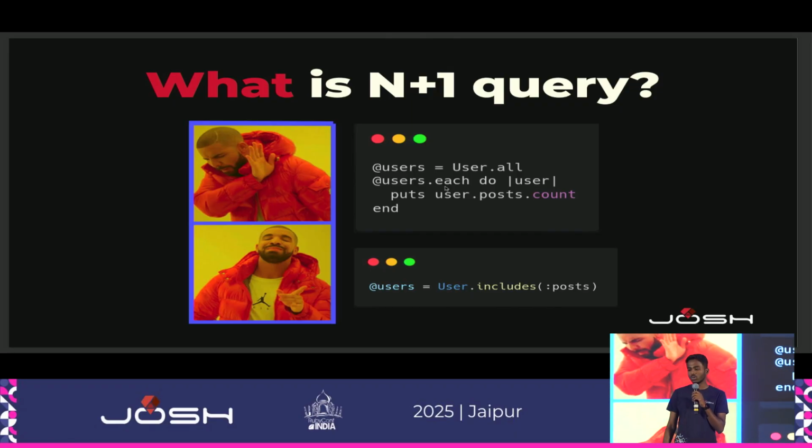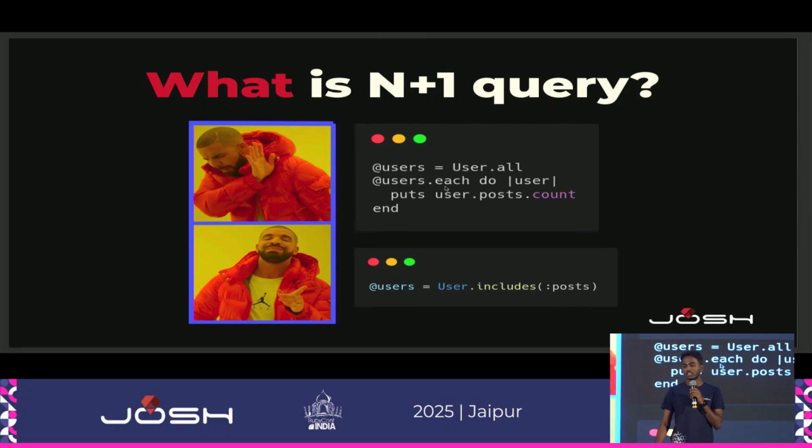And then, to get the count of posts for each individual user, we are looping over the users. So, for example, if there are 100 users, then 100 queries will get executed in the database, plus the one query to fetch all the users. So this is the n+1 query.